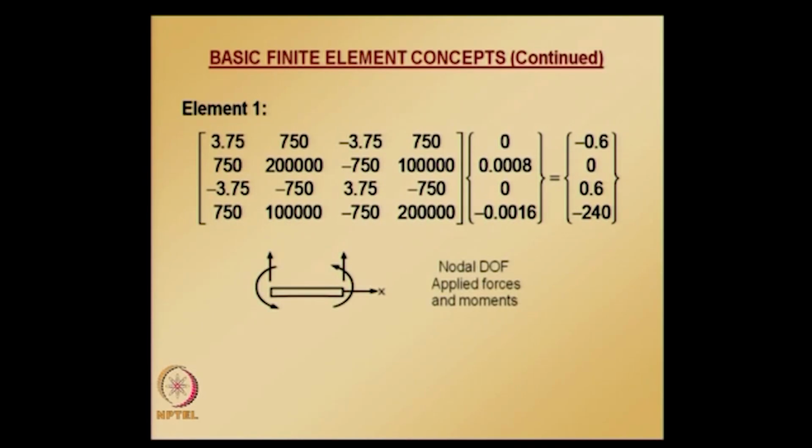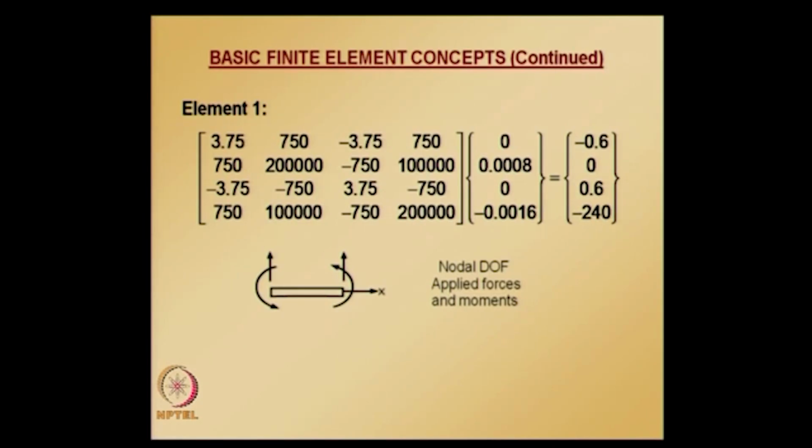and following the sign conventions, whatever we calculated on the right hand side is equivalent to the applied forces and moments. So, we need to follow sign conventions corresponding to those.